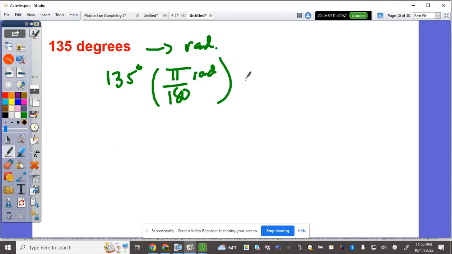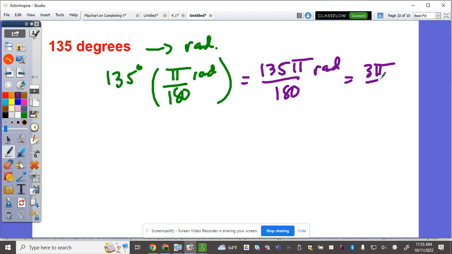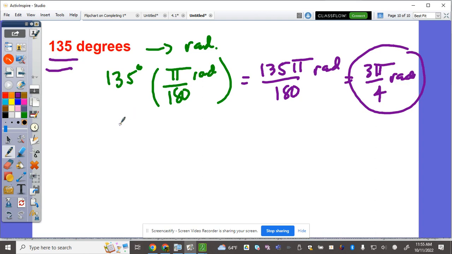We can use our calculator here. We'll keep our answer in fraction form to keep it uniform with our unit circle. So this will be 135 pi over 180 rad. If you notice, you can divide 135 by 180, that gives you 0.75, or hitting the math frac on your calculator will give you 3 pi over 4 rad. So that's the radian form of 135 degrees.